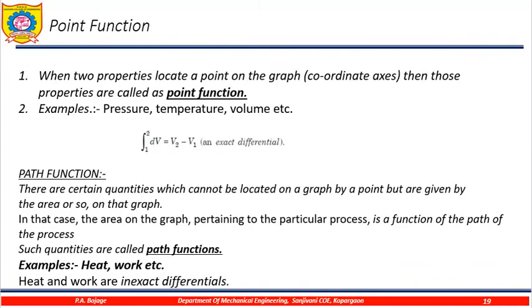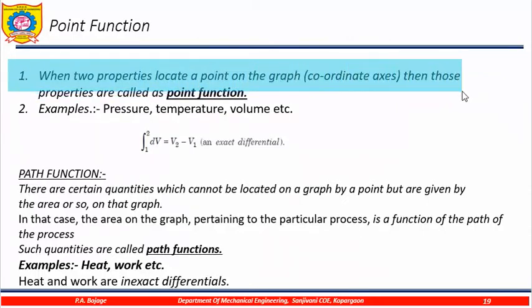Now, point function. Let us discuss what is a point function. When two properties locate a point on the graph, that is the coordinate axis, then those properties are called the point function. So, point functions are two properties that can be located on a coordinate axis. Examples are pressure, temperature and volume.